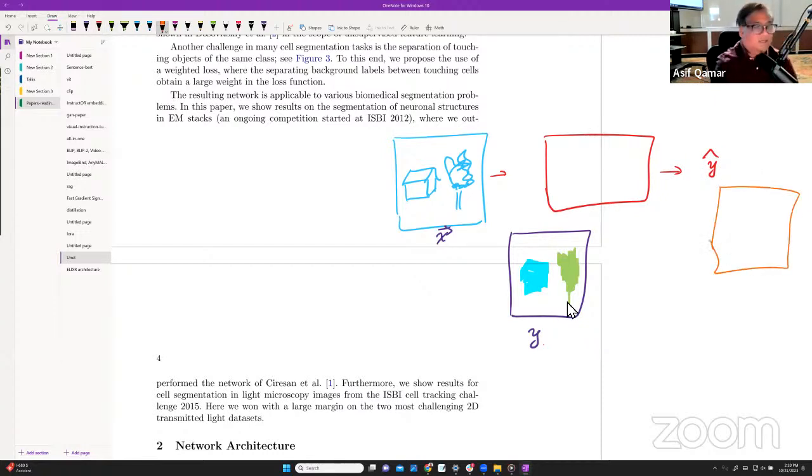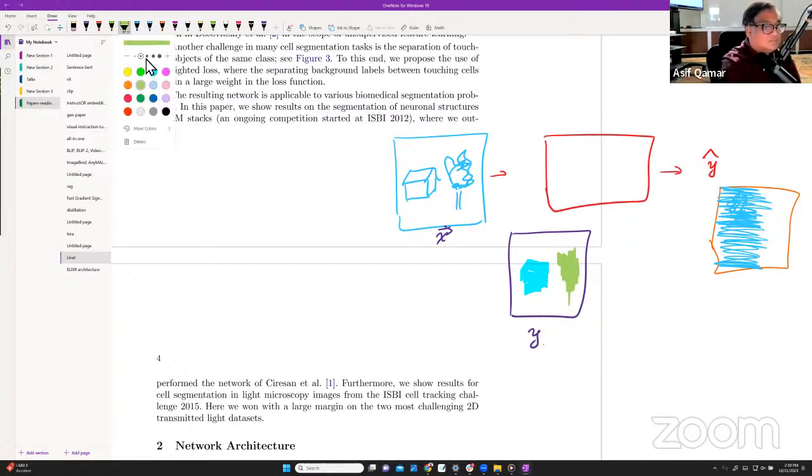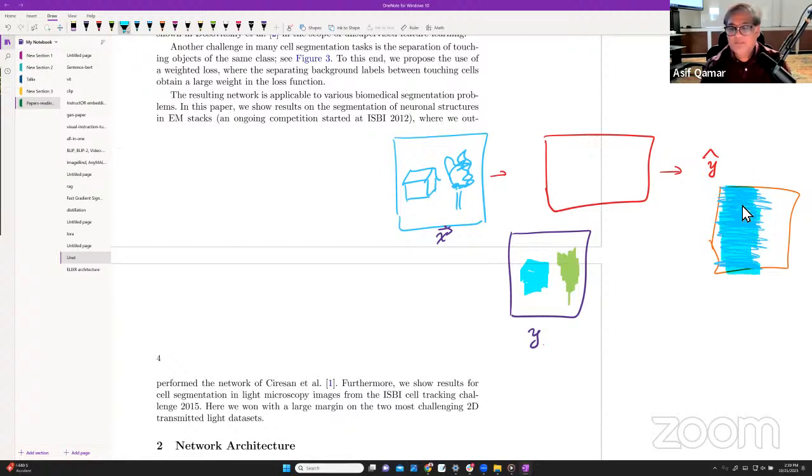I'll just make a guess. It may produce a mask like this, and it may produce a mask like this in the early stages. Oh, well, how do we go from this to this? How do we take this journey?